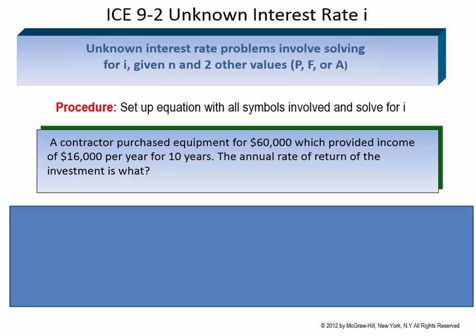What's the rate of return if you make the one-time investment of $60,000 and then get back $16,000 for 10 years? The first thing, as you can see on the in-class exercise, is to draw the cash flow diagram. Once you've got that, I'm going to do the solution on the computer, and you can follow along typing the same things, just to get a first taste of how to solve this in Excel.